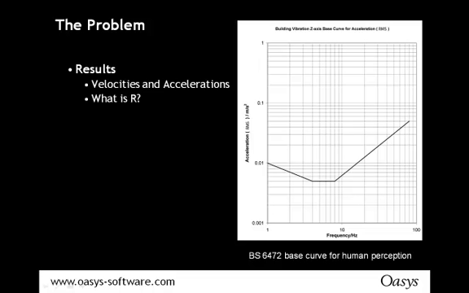The R value is based on the base curve for human perception of vibration, and a response value of 1 is the limit of perception. A response value of 2 is twice that, and so on.